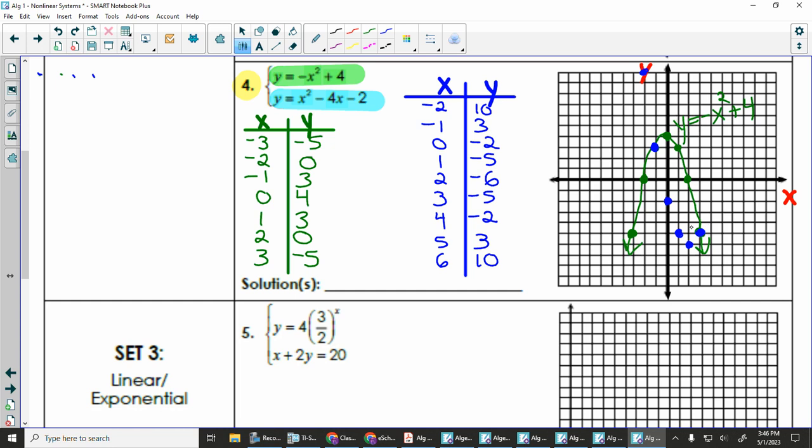That's okay. Then we've got 4, negative 2, 5, 3, and 6, 10.